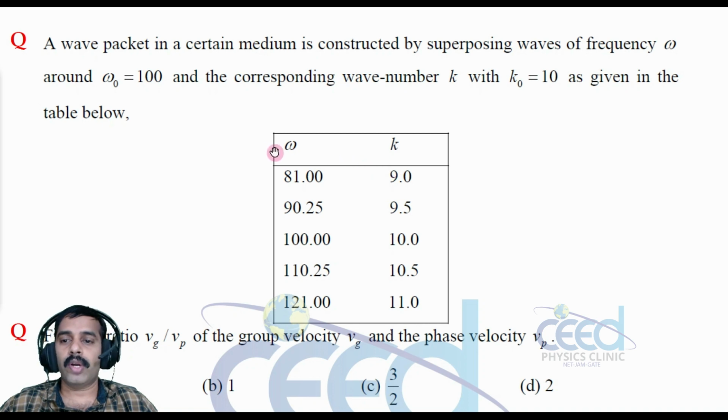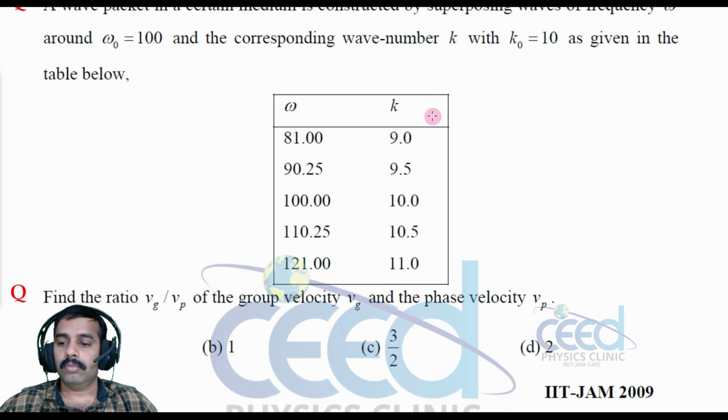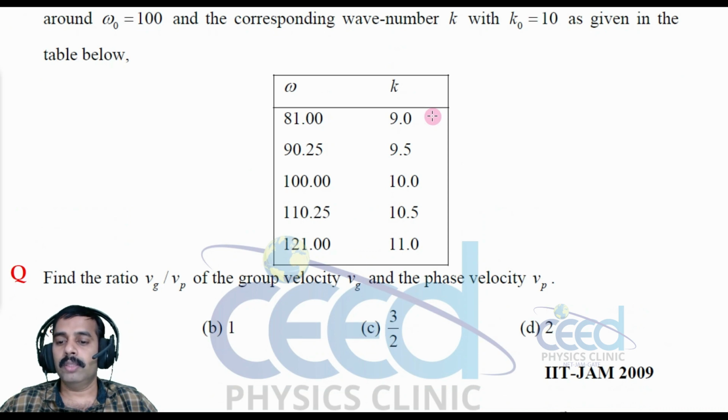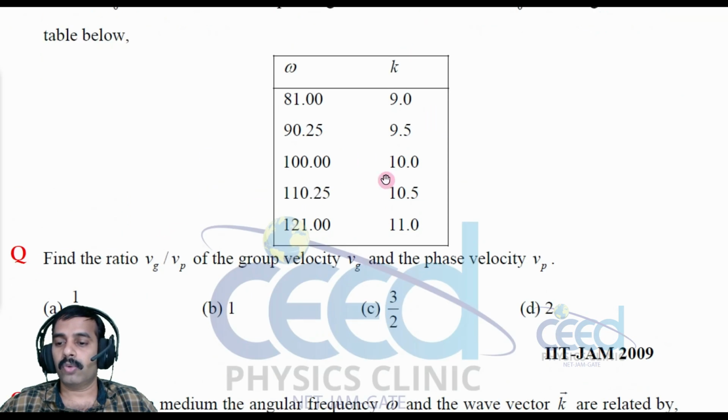We need to find the ratio Vg by Vp. I'm sorry, this is not a question, it is the continuation of this table. We need to find Vg by Vp, the group velocity Vg and phase velocity Vp, from this table, right?